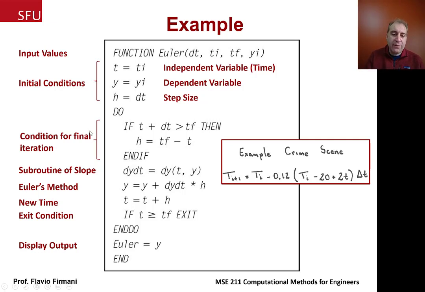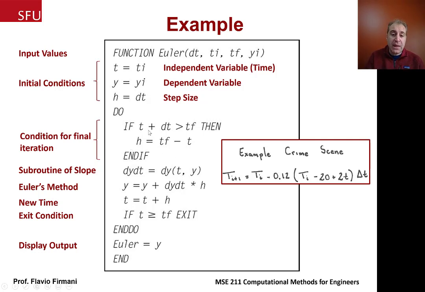Then we're going to have a repetition, a kind of while loop that does that until we reach the final time. And in this particular section here we have the condition for the final iteration.